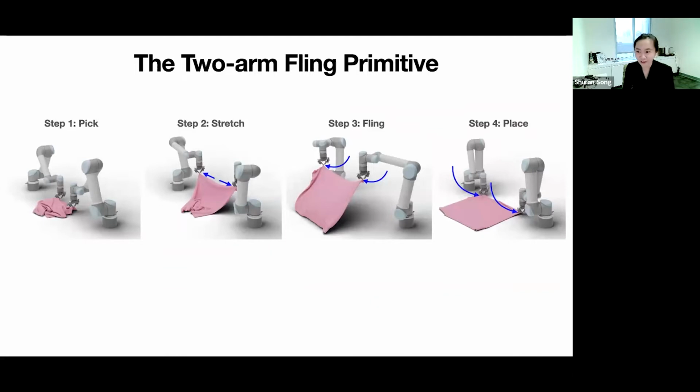In the end, what the system needs to learn are the parameters to control those steps, such as where to pick up the cloth, how far to stretch, how fast to fling, and where to place. Today, I will not bother you with the details of how we learn these parameters, but instead jump directly into the results, the system in action, to show you the comparisons. If you're interested in how we learn those parameters, you can check out our paper.